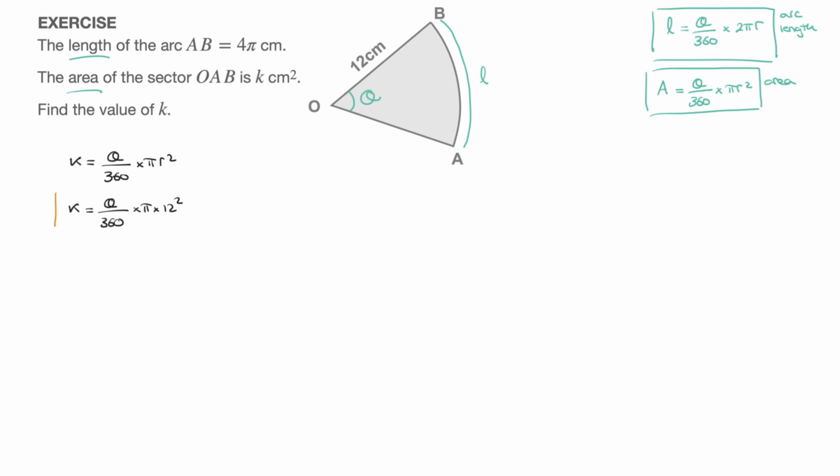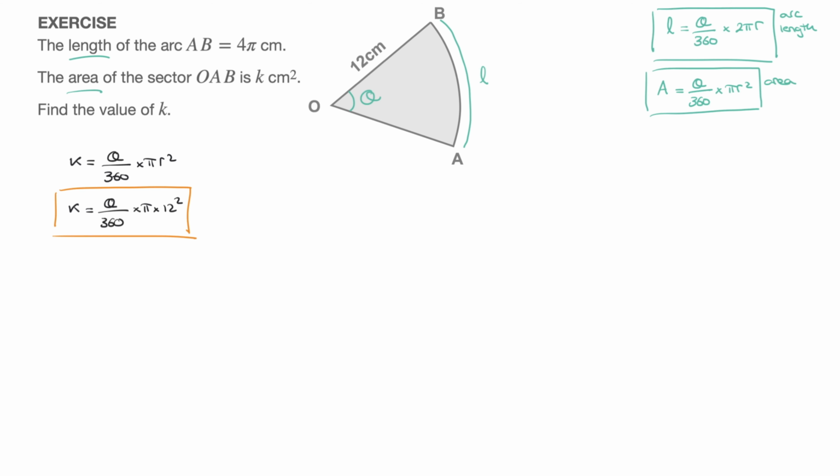And at this stage, we realize one thing. We're unable to calculate what k is here because we don't know what the angle theta is. In other words, this expression has two unknowns. The first of which is k, which is the unknown we're trying to find, and the second unknown is this angle theta.